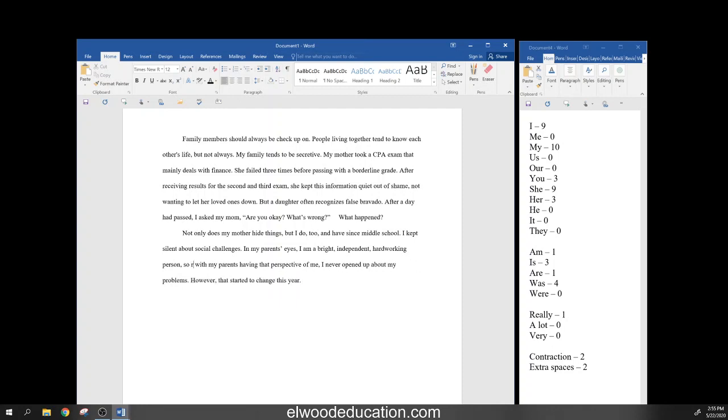So revealing a deficit seemed too difficult. I never opened up about my problems. However, that started to change this year. Okay, I don't need this. I can get rid of another I and another my because that's redundant according to the previous sentence.